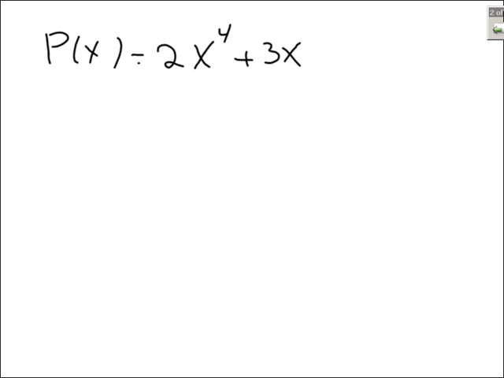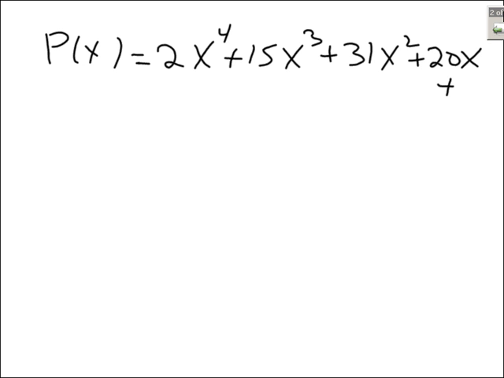Excuse me, how about we look at this polynomial instead? Let's try that again. 2x to the 4th plus 15x cubed plus 31x squared plus 20x plus 4.